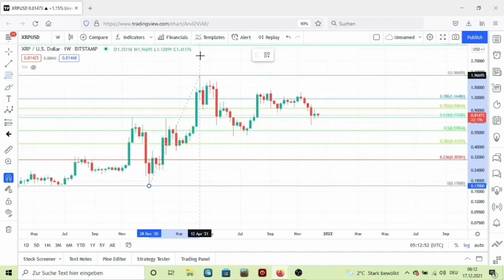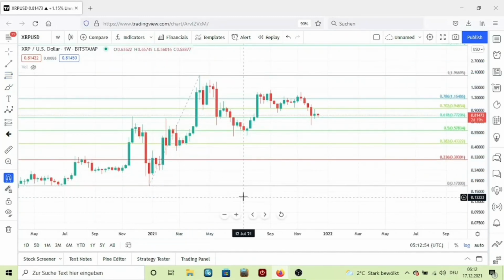So this right here was one of three. We can see we dropped from here to the 0.5 fib, even wicked into this 0.5 to 0.382 territory. So generally we don't have to go deeper than this.